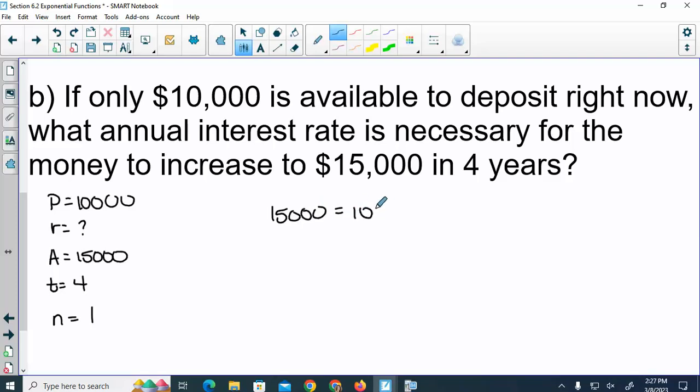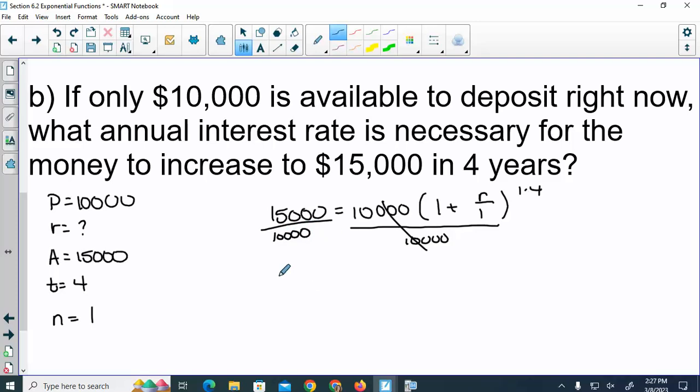So if we plug into our formula, A equals P times 1 plus R over N to the N times T. I'm going to divide over by 10,000. 15,000 divided by 10,000. 1 plus r divided by 1 is r to the 4th.